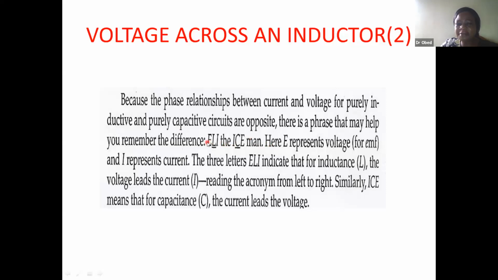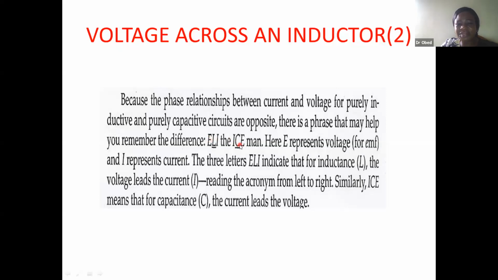Here, E represents voltage or EMF, and I represents the current. So ELI indicates that for inductance, L, the voltage leads the current. See, the voltage, or the EMF, comes first, so it's leading the current.